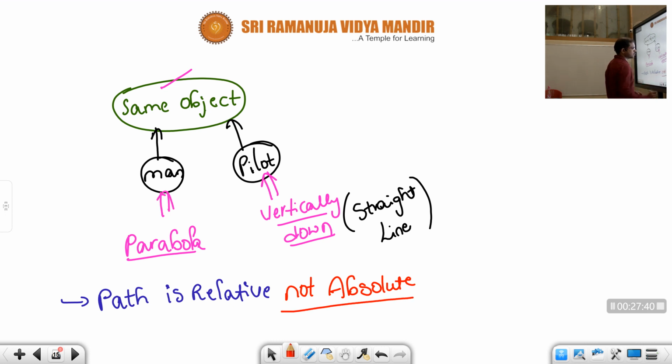Absolute means a fixed value, which is not at all possible. I hope you understood, children, and you got a complete idea of what a path is.